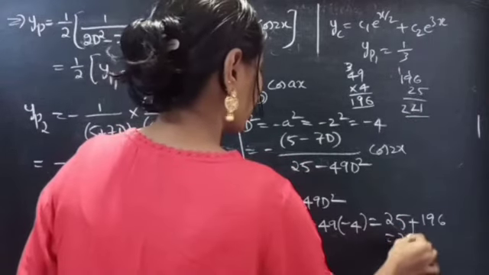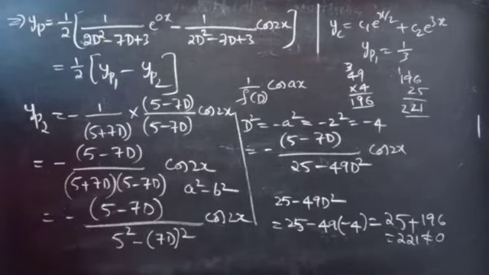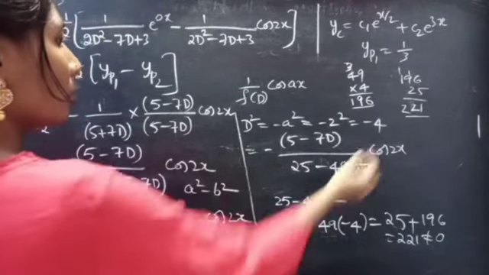It is 221, non-zero. Since the denominator is non-zero, we replace D square by -4.